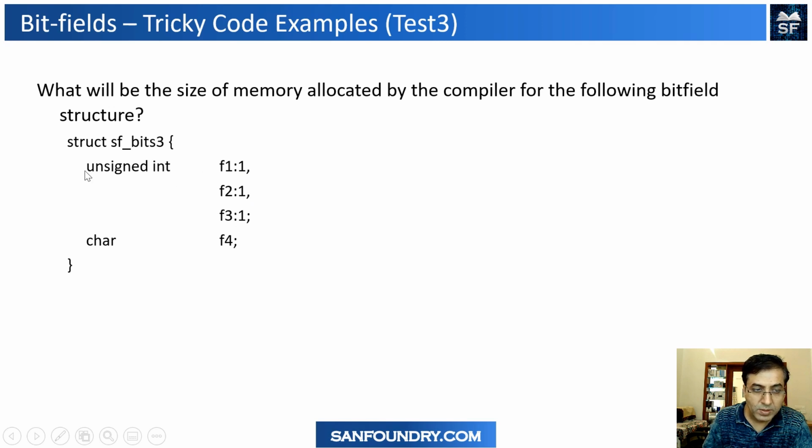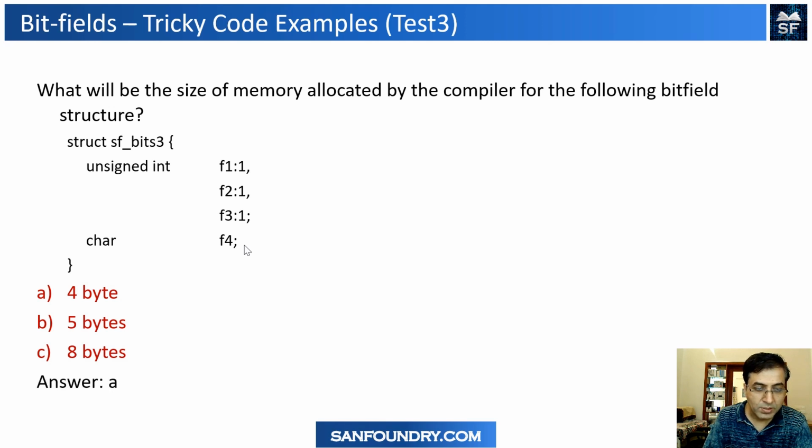So it's a 32-bit area for these 3 bit fields, followed by a requirement for 8 bits, or 1 byte, for F4. So an integer and a character for this bit representation, and this is a full byte. What should the answer be: 4 bytes, 5 bytes, or 8 bytes? You can pause and resume.